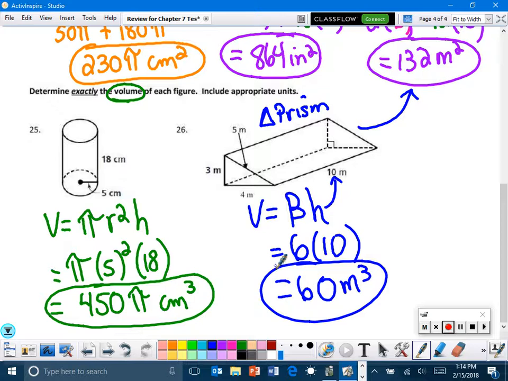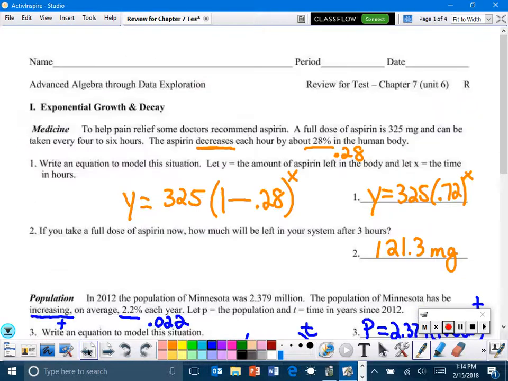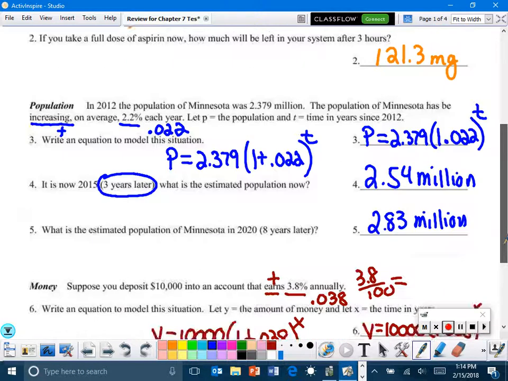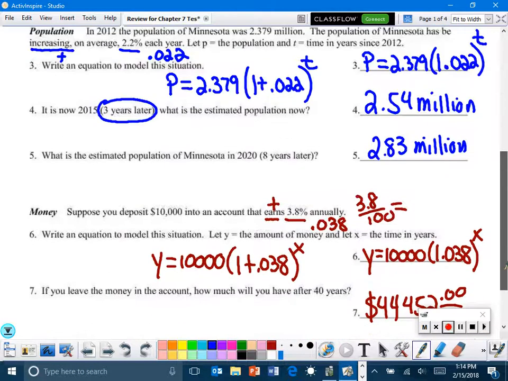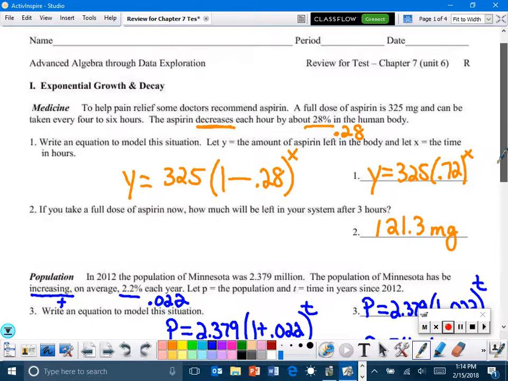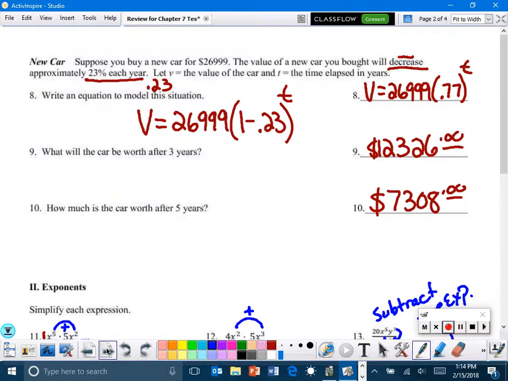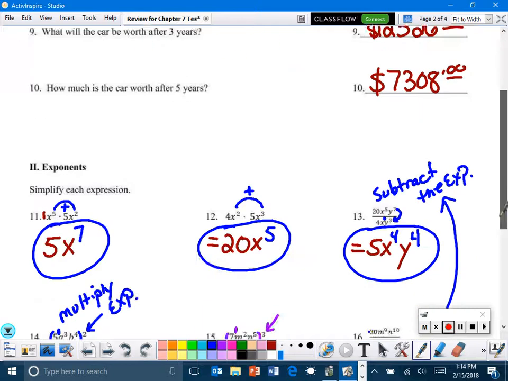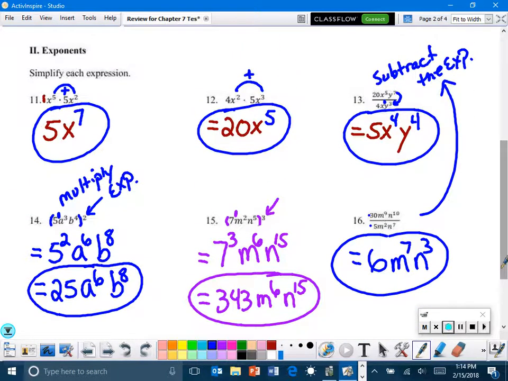All right, so the first part of the test, again, is going to be reading some word problems, coming up with the correct equation and using that equation to answer some questions. The second part of the test is going to be knowing your exponent rules. Okay, there are 3 of them.